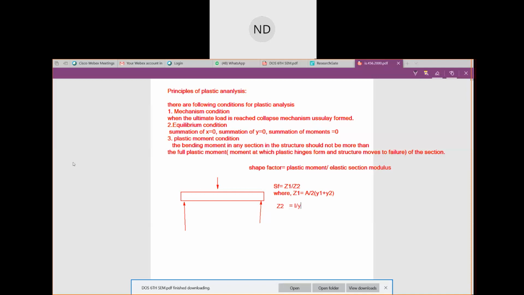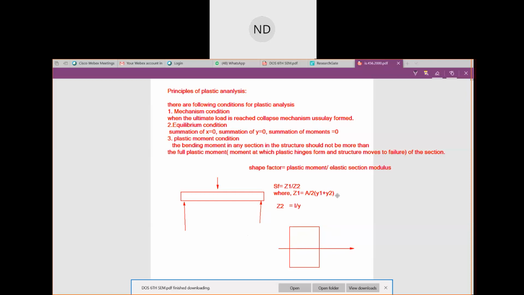If we have a rectangular section, at the center, if I take this line here, this is your neutral axis. So from the plastic neutral axis, this is your equal area ratio. Suppose you are taking a rectangular section, this axis should divide the section into equal areas.